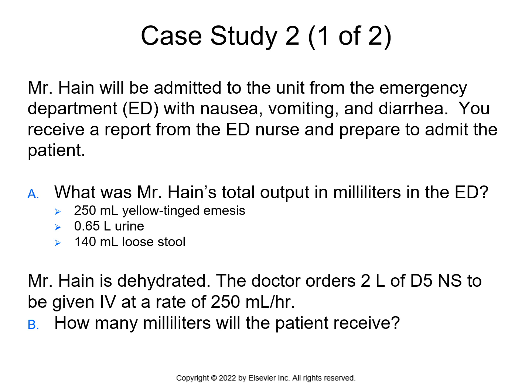So here our doctor ordered 2 liters to be given at a rate of 250 milliliters per hour. I'm going to give you the information here since we're still early on in the semester. We don't need that 250 milliliters per hour rate for this specific question. We might need it in the future. For now, what I want to know is 2 liters of fluid, how many milliliters will the patient receive? So convert 2 liters to milliliters.